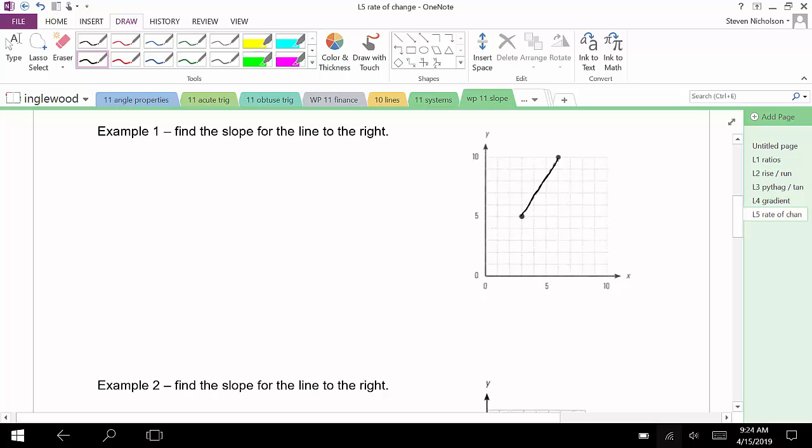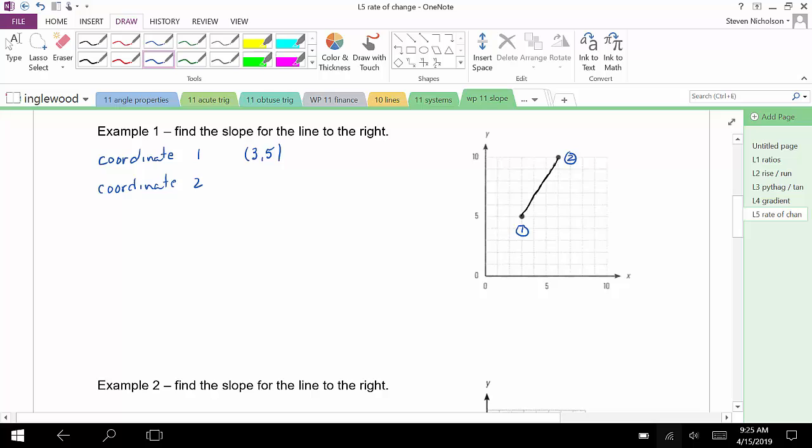Now, it really doesn't matter what you call point number 1 and point number 2. But I'm going to call this point number 1, and I'm going to call this point number 2. So right away, I'm going to note to myself the coordinates of point number 1 and the coordinate of point number 2. And the coordinate of point number 1 is 3, 5.